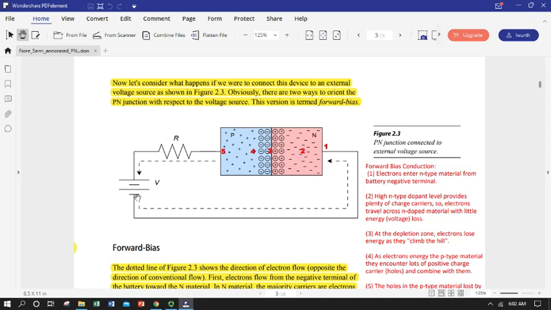We've got some electrons that come out of the negative end of the battery. They've got an energy that was imparted by the battery equal to whatever the value of the DC source is. They're going to enter the N-type material, and boy, they're the right flavor of charge carriers.